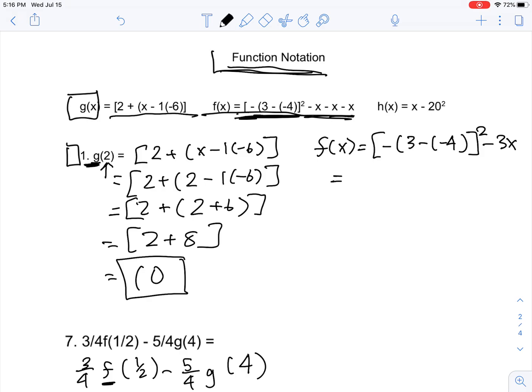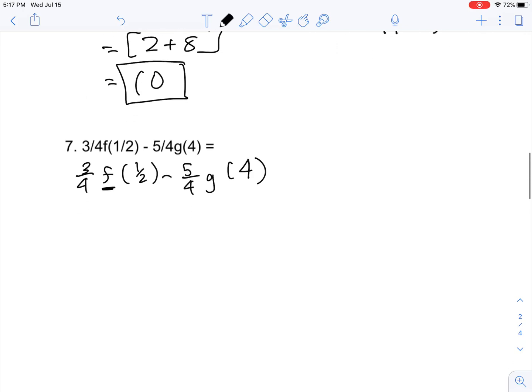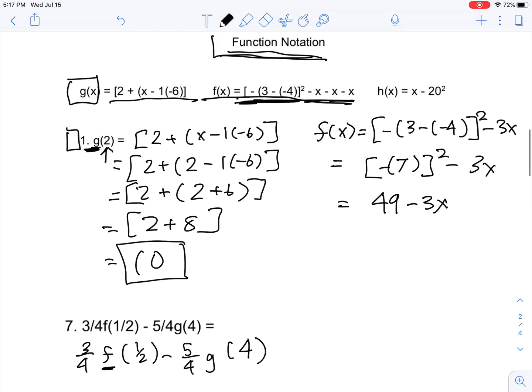So what you do here is 3 plus 4, which is 7, negative 7 squared, which is 49 minus 3x, right? So this equation is the same thing as this equation, but just simplified.